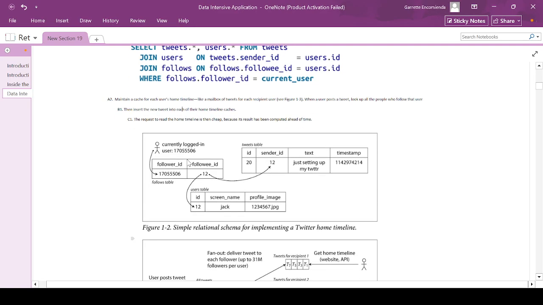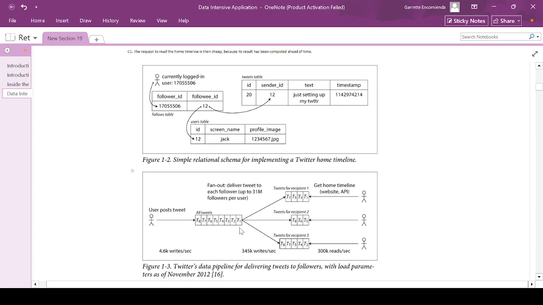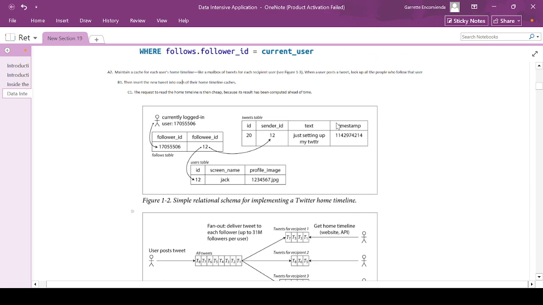Second, we can maintain a cache for each user's home timeline, like a mailbox of tweets for each recipient user. When a user posts a tweet, it looks up all the people who follow that user.